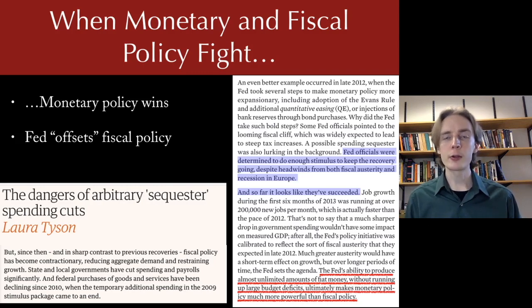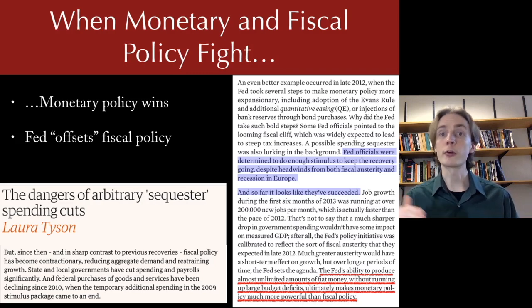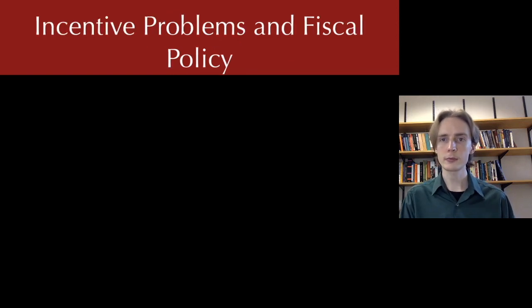It doesn't want to accentuate that boom. And so in both directions, the Fed's really kind of keeping a brake on fiscal policy. So especially if the Fed is trying to neutralize what fiscal policy is doing, fiscal policy is really not going to be that effective in practice.